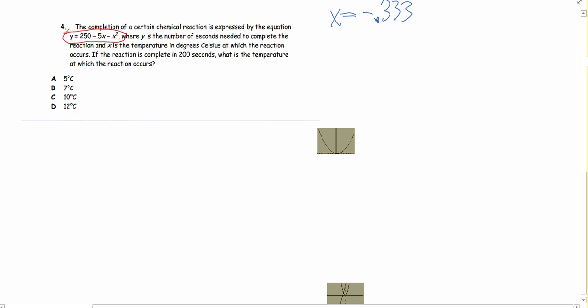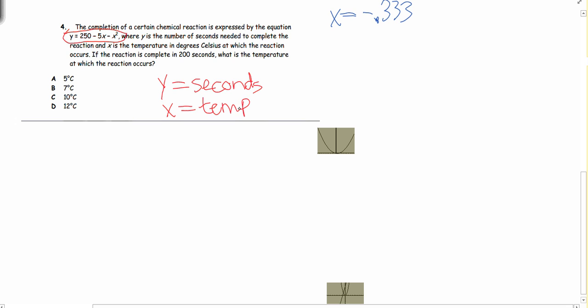So y is seconds. And that's going to be important because we're going to have to go find that value in a minute. But we're not looking for the x value. It says x is the temperature, so let's write that down. X equals temperature.